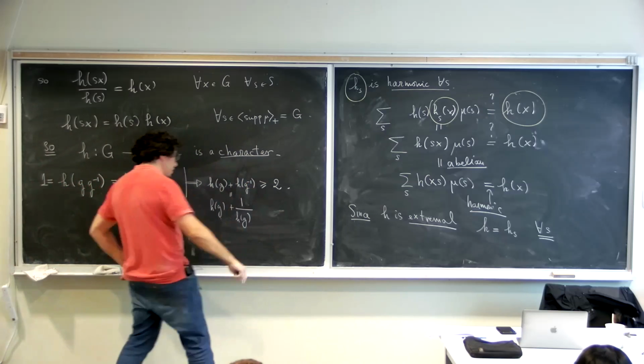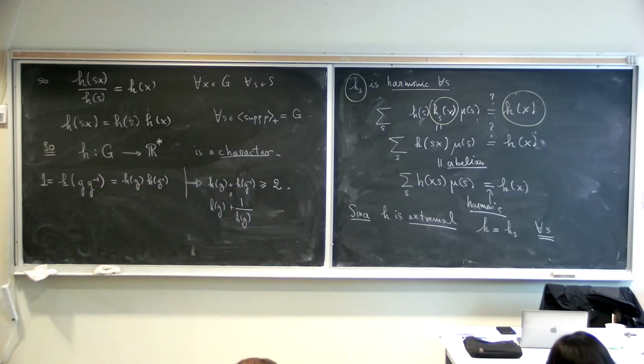If you take a real number and you add it to its inverse, it's at least 2.